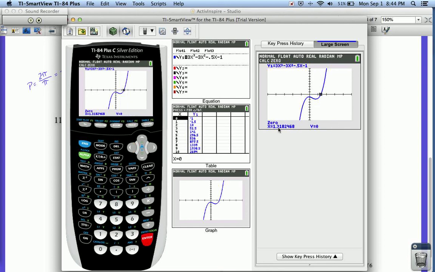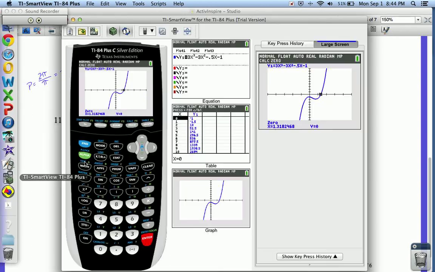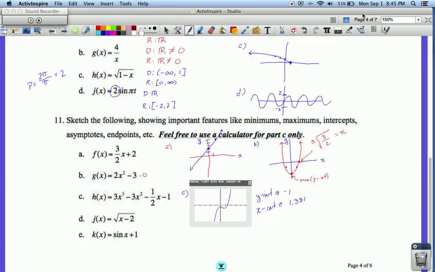So right there at 1.318, we'll call it. 1.318.